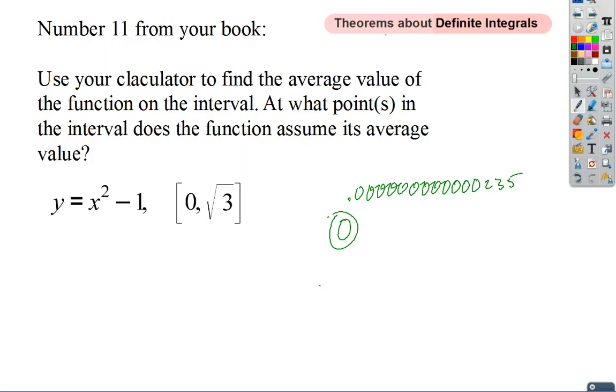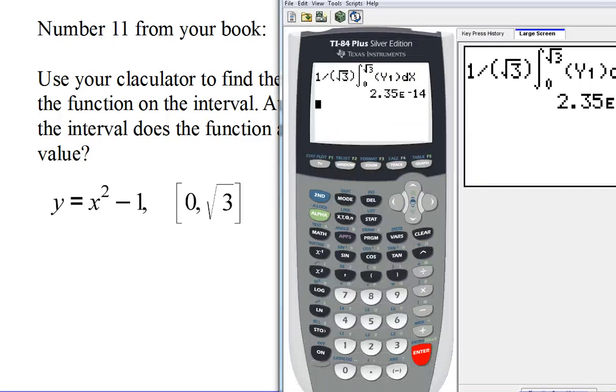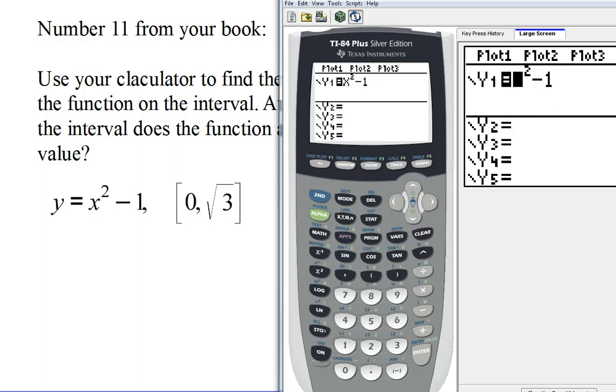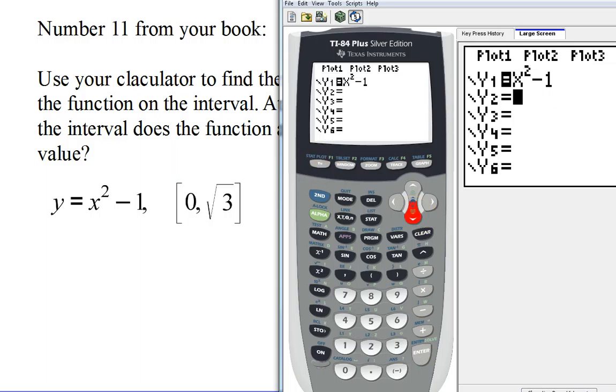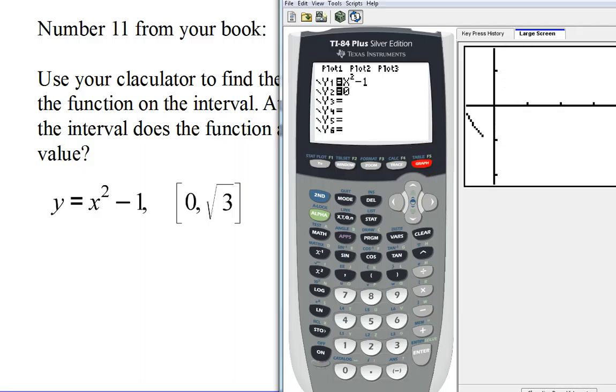So at what point in the interval does the function assume its average value? Well, how can I find that in my calculator? I'm going to go back to my calculator. I know its average value is 0, so I can go back to y equals and put in y2 is 0, because that's the average value. And I'm going to hit my graph button. So there's my graph, and I graph the other one.